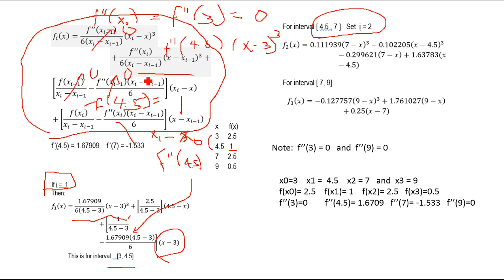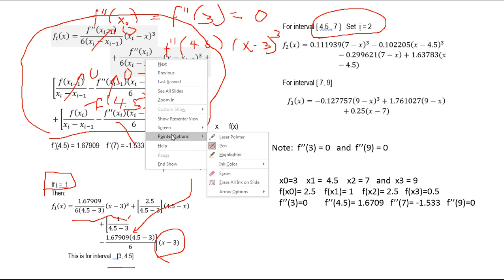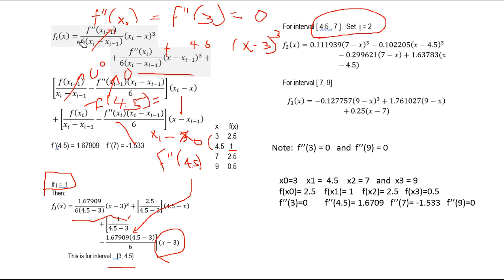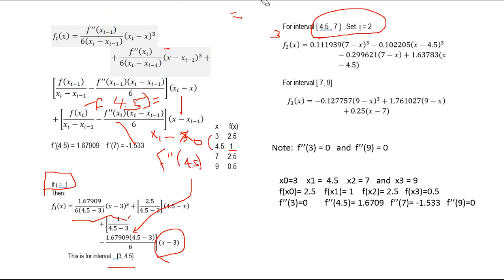Okay? For the interval 4.5 to 7, you will have to set i is 2 in this equation. Okay, I'll just explain what you have to do. Ang gagawin mo naman is set i is 2.